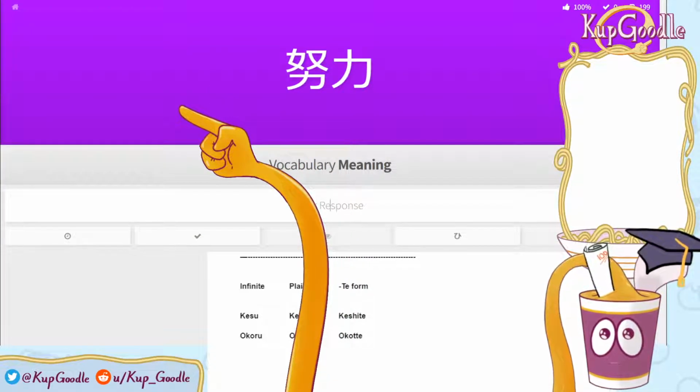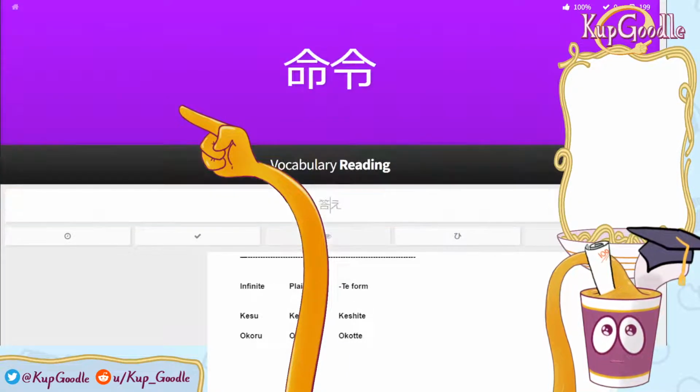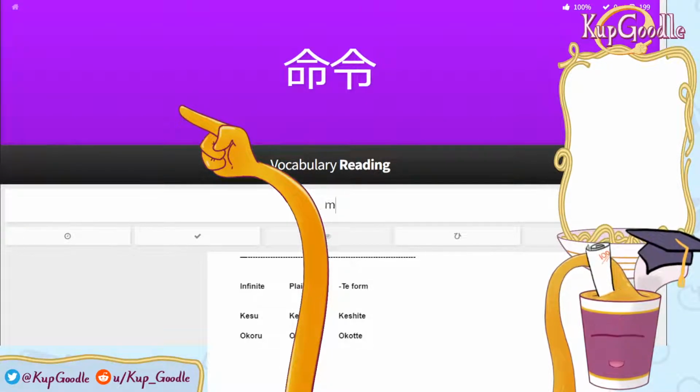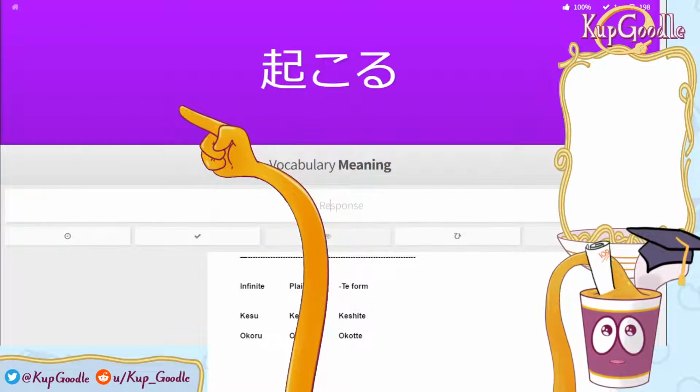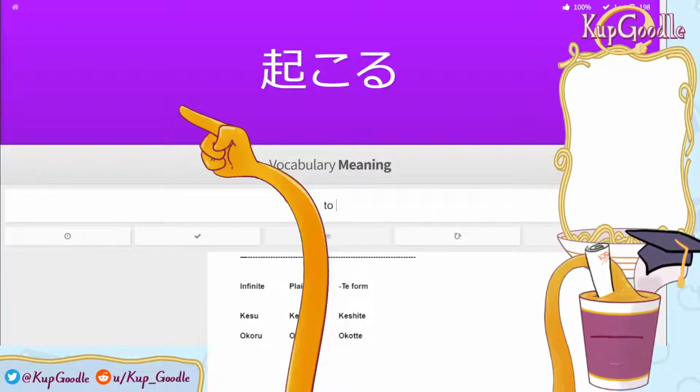Doryoku. That means with great effort. Great effort. Labor power, labor strength. Alright, meire. Okoru, to occur.